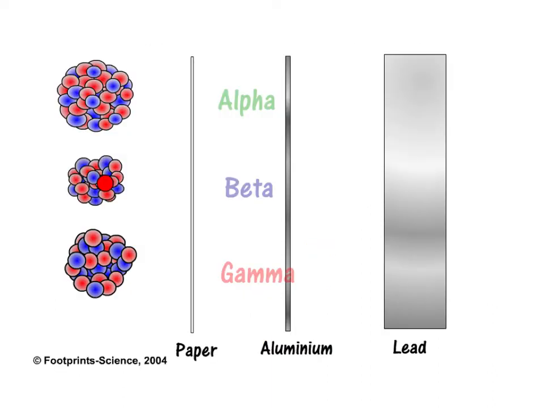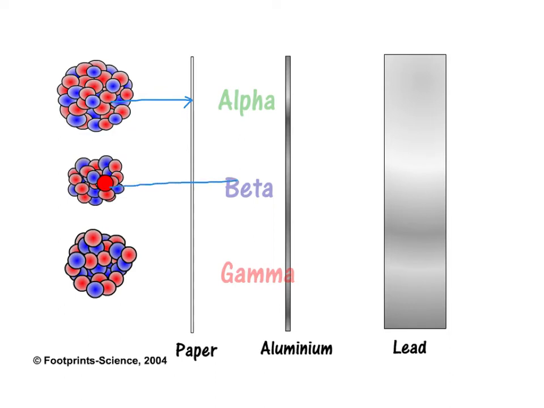Okay, so looking at a diagram now, and we're going to look at the penetrating power of alpha, beta and gamma. As we said, they come from the nucleus of an atom. So it starts off in the atom, and then the alpha is going to come out and it's going to hit this piece of paper and it's going to stop. Beta, again, it's emitted.